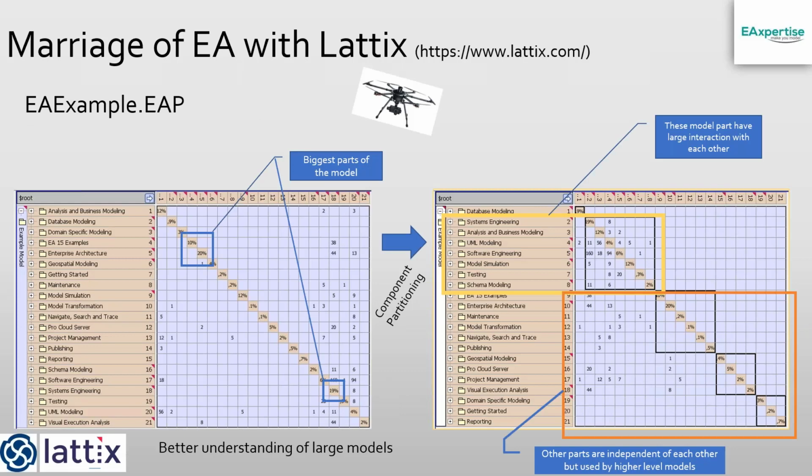The interesting thing about EA and Lattix is that Lattix can read in EAP and EAPX files, and you can see Lattix as a kind of drone that flies over your system and shows the system at the highest level, but also can dive down very fast into details.